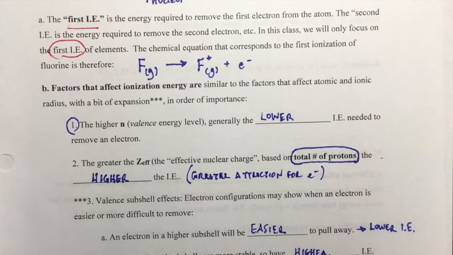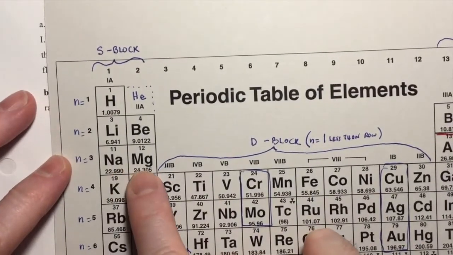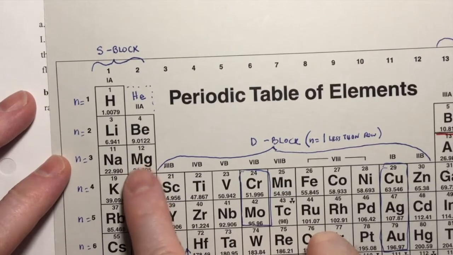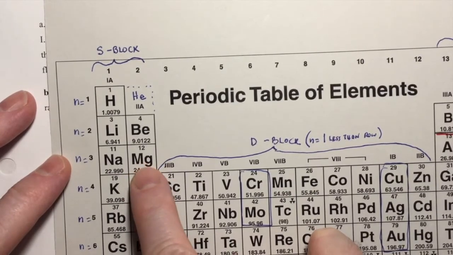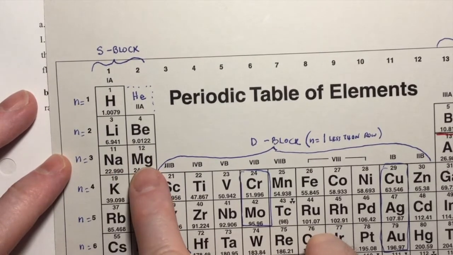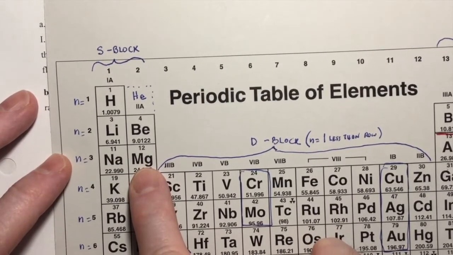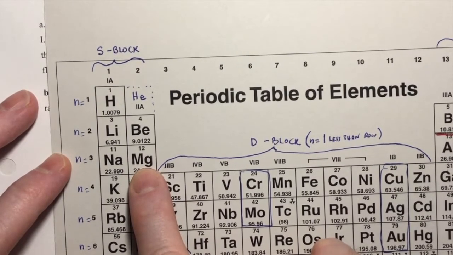So if we look at sodium and magnesium, we see that magnesium has one extra proton in its nucleus. So the magnesium nucleus is holding on to the electrons tighter than the sodium nucleus. And as a result, it requires more energy to pull an electron away from magnesium because there is a greater effective nuclear charge, positive charges down in the nucleus, due to that extra proton.